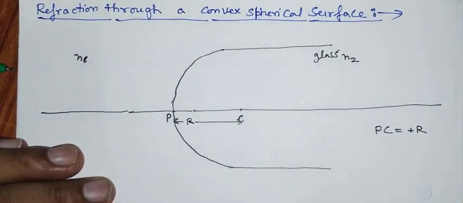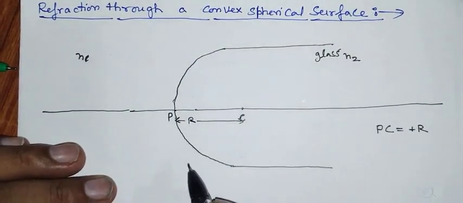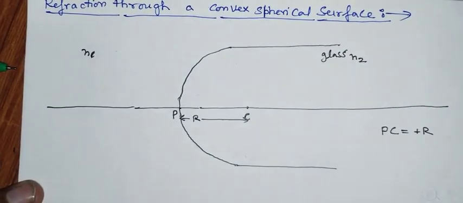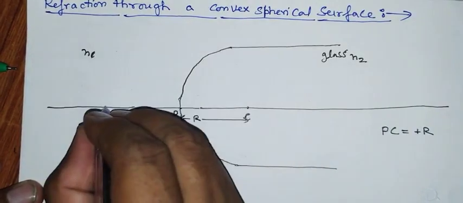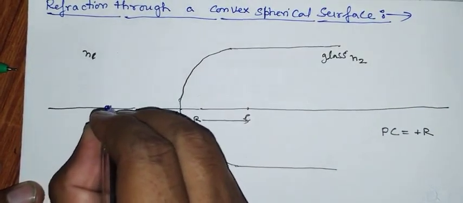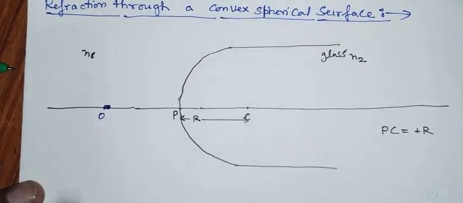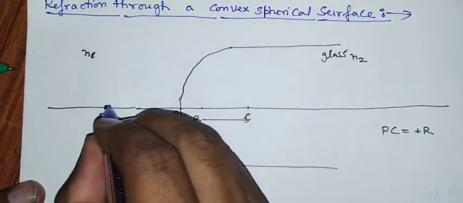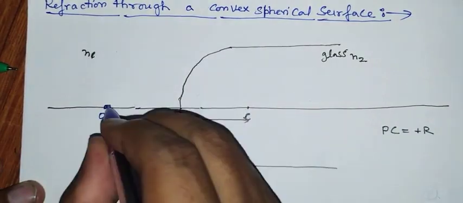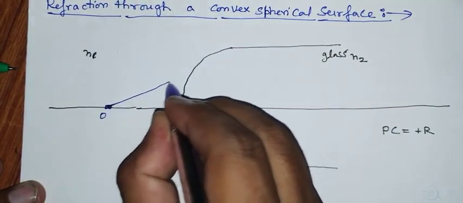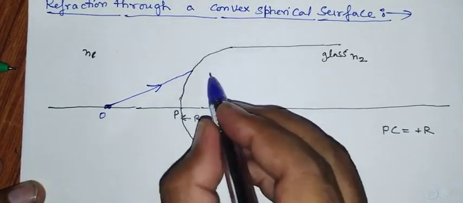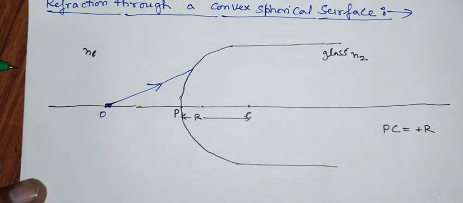Now see, the object we are always representing on the left hand side according to the diagram. Let us consider a point object O is here. So the ray diagram starts from here. To make a ray diagram, see here one ray of light from the object to the convex spherical surface.